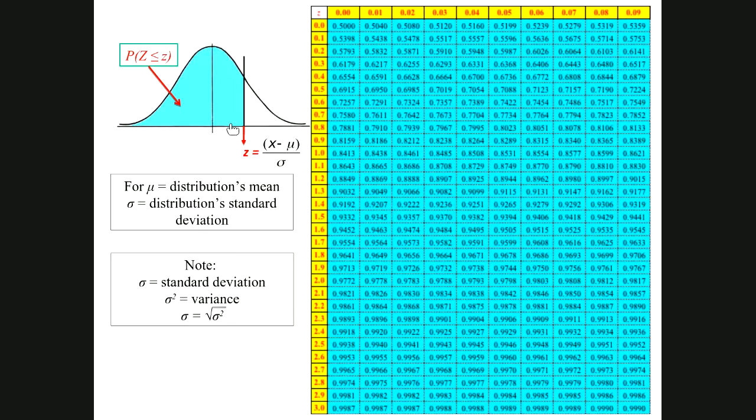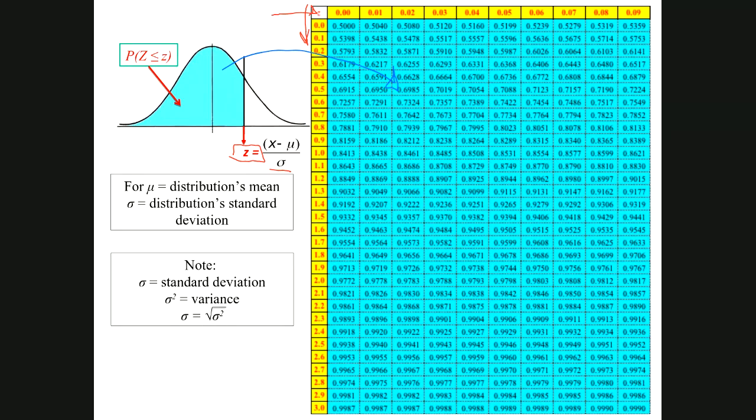The blue area is the area that corresponds to these values in the table. And the z values, when you calculate the z value using our transformation, are read on the row and column of this table.